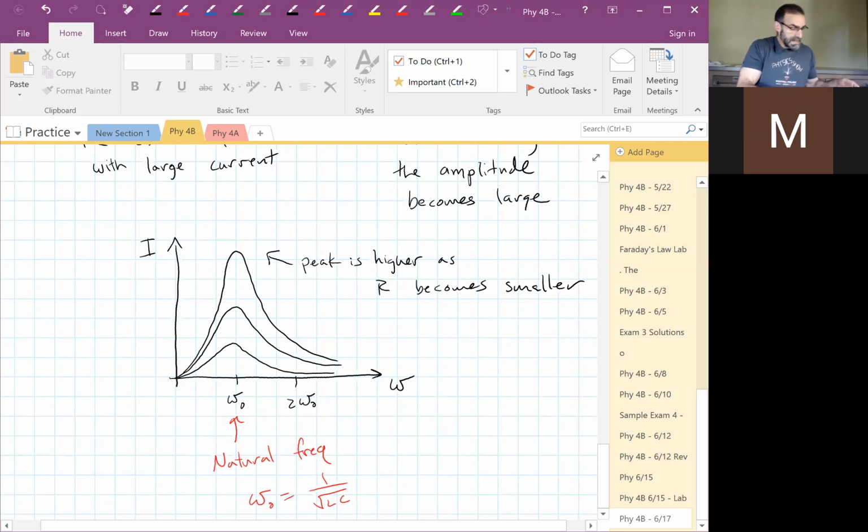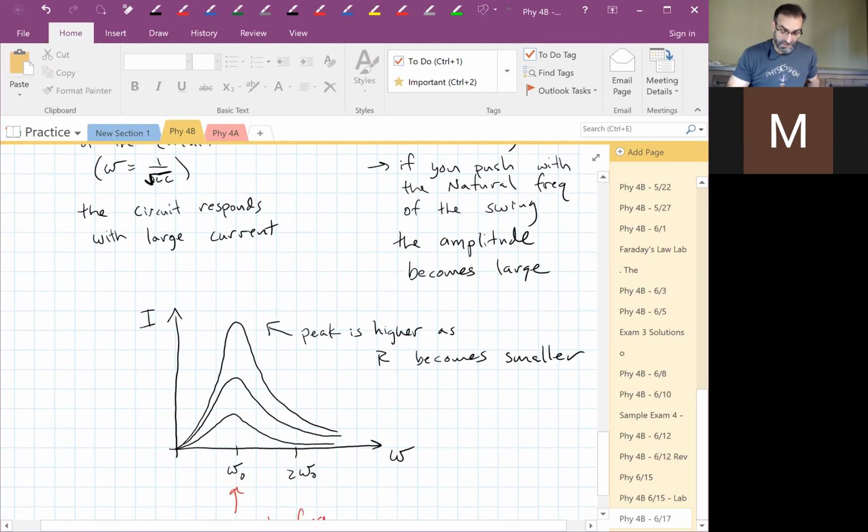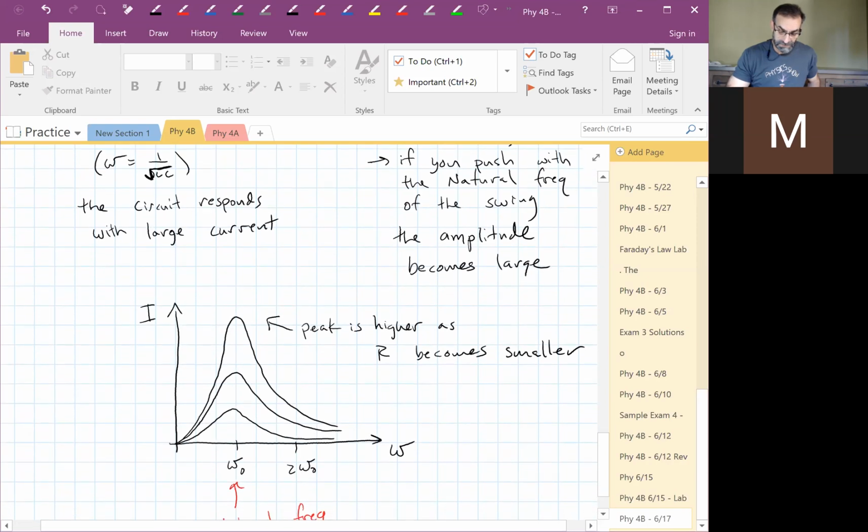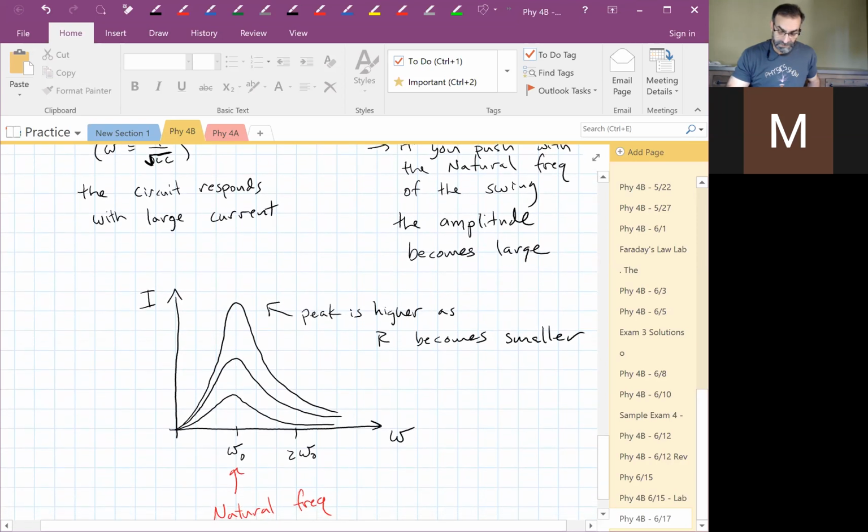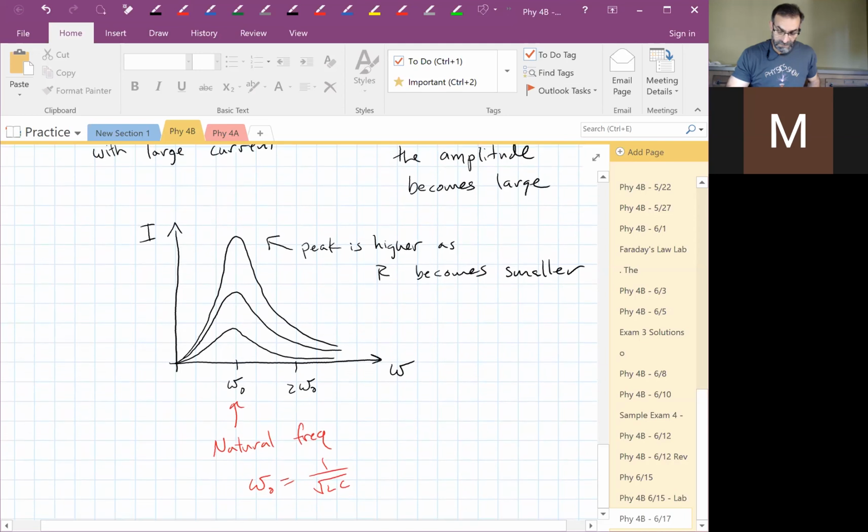All right, one example of this is a metal detector. You can set up a circuit that you're driving with a frequency that the circuit oscillates at.